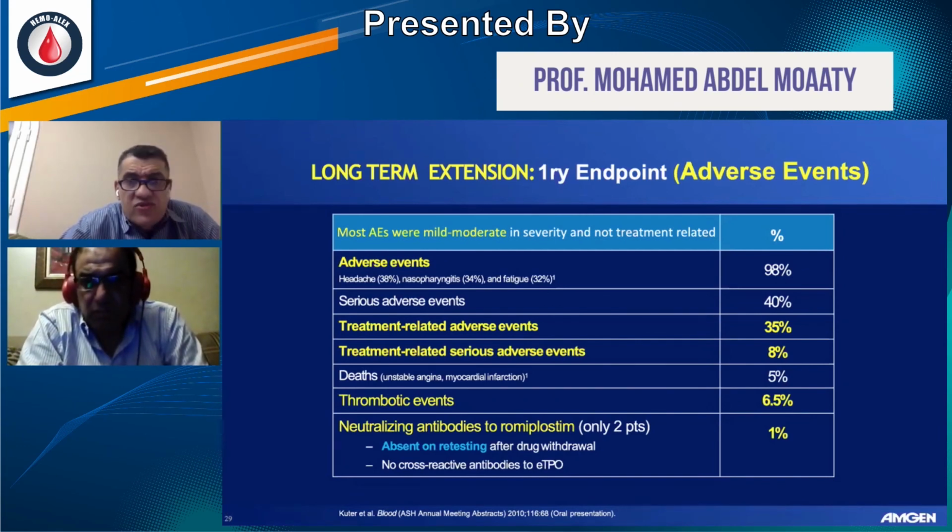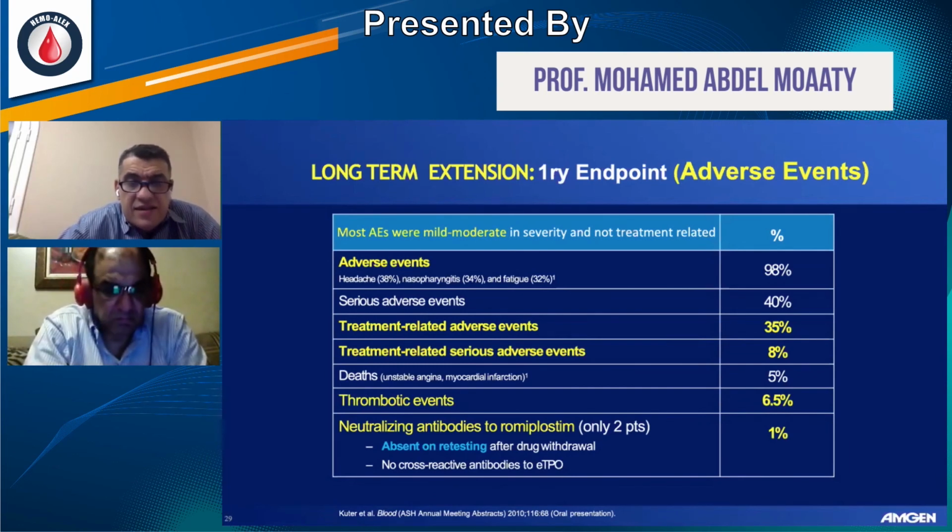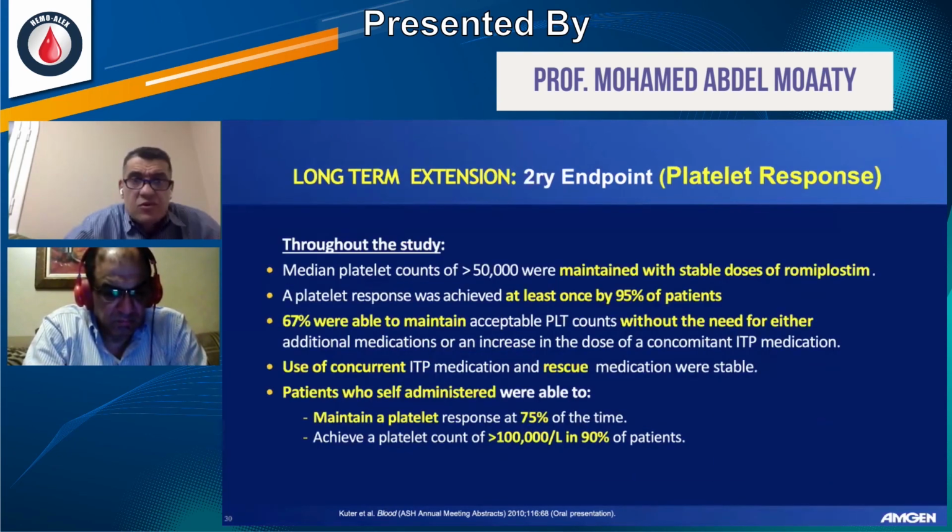Only 2 patients out of 300 showed neutralizing antibody to romiplostim, and they disappeared after drug withdrawal, and they showed no cross-reactive antibody to endogenous TPO. Throughout the study, the median platelet count was maintained above 50,000 with stable doses.